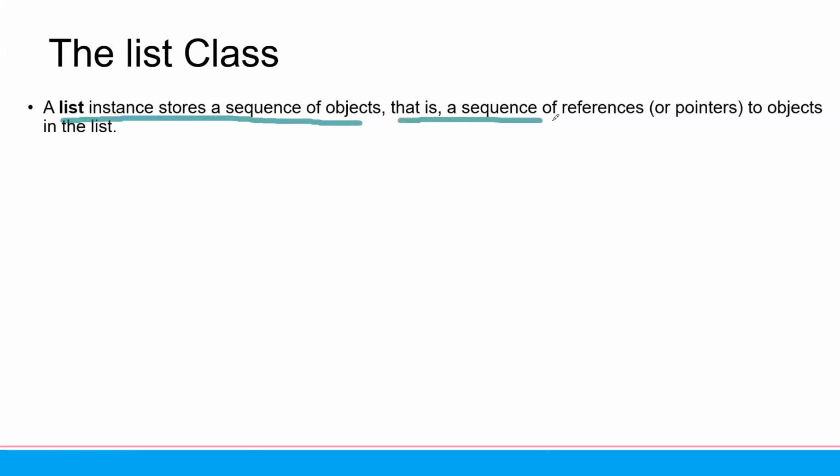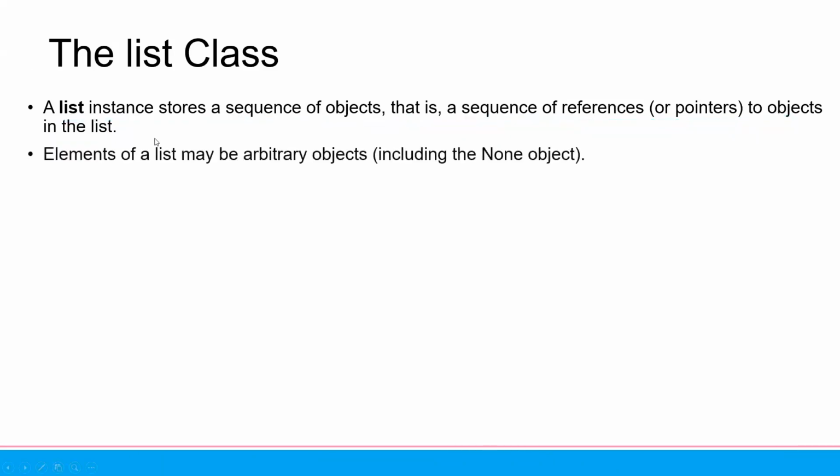And there is a sequence of references or pointers to objects in the list. So it can be a variable as well. So anything can be in the list instance. And elements of a list may be arbitrary objects.